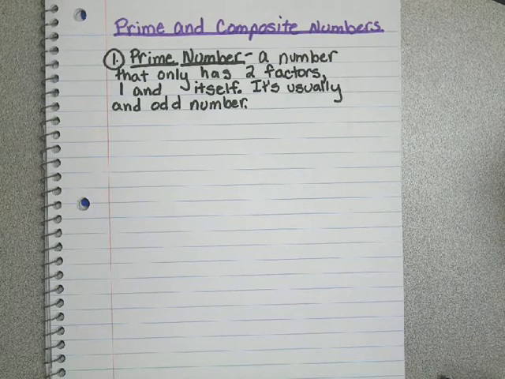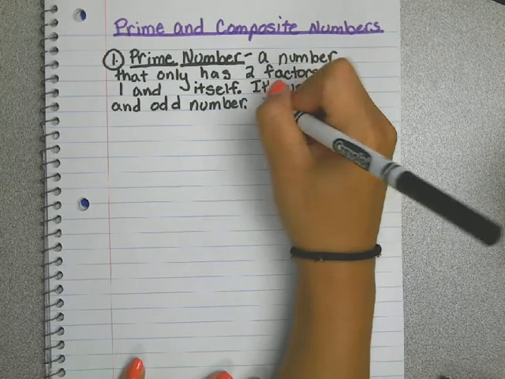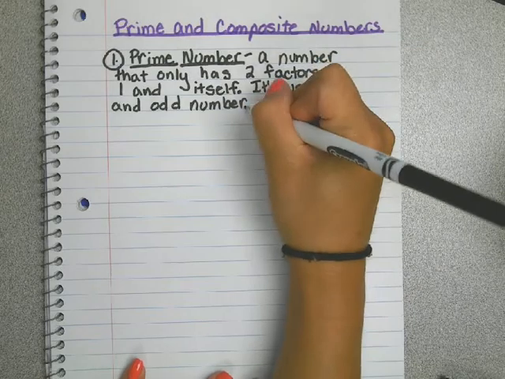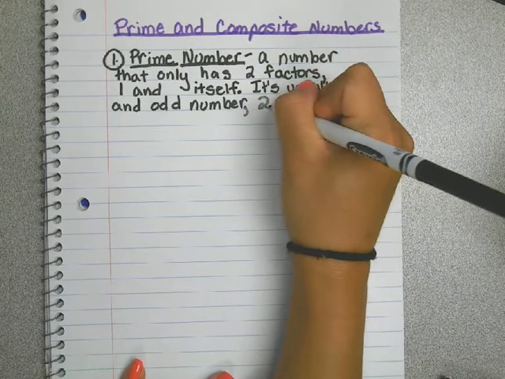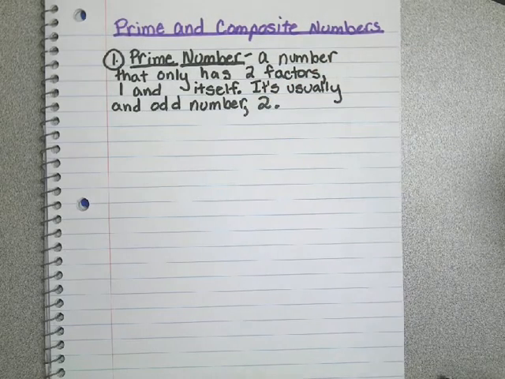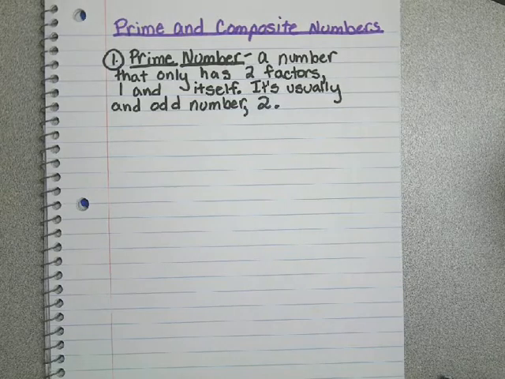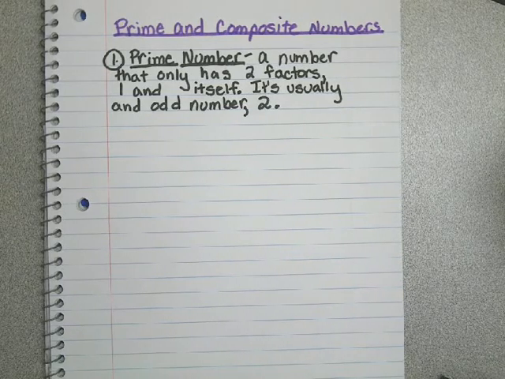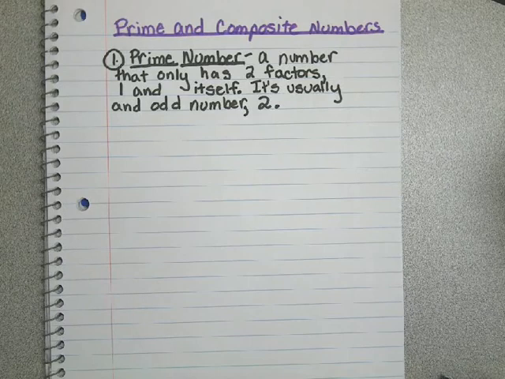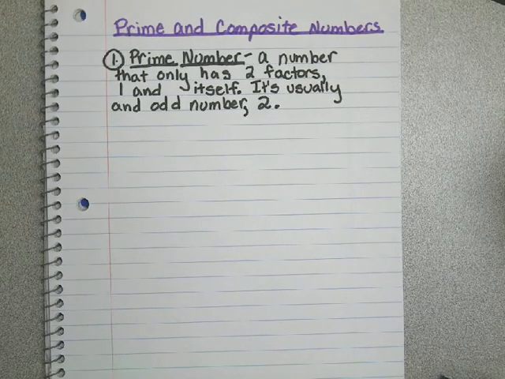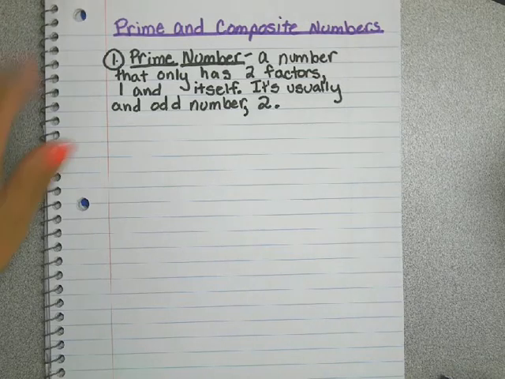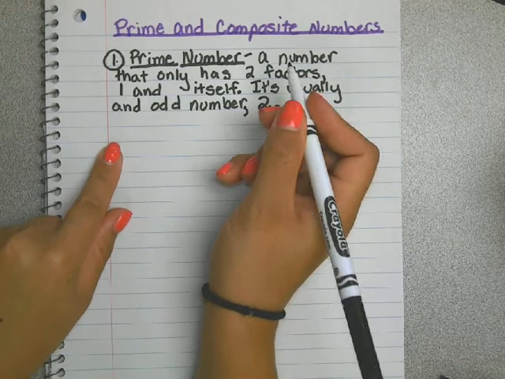Does anybody know it? Jasmine. 10? No, because 10 has 2, 1, 10, 5, as 4 factors. Okay? You know it, Sydney? 2? Is she right? Yes. So we should probably put a comma here and write 2.